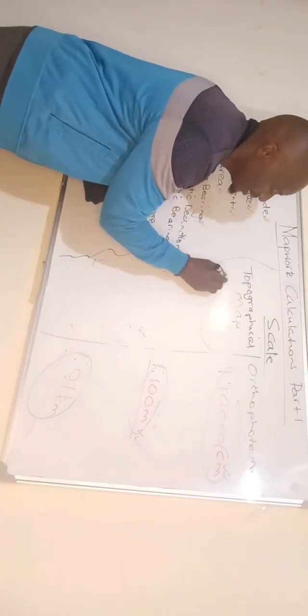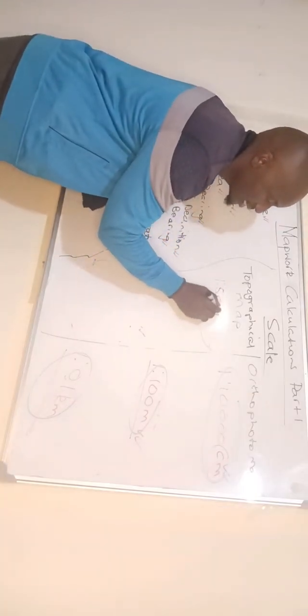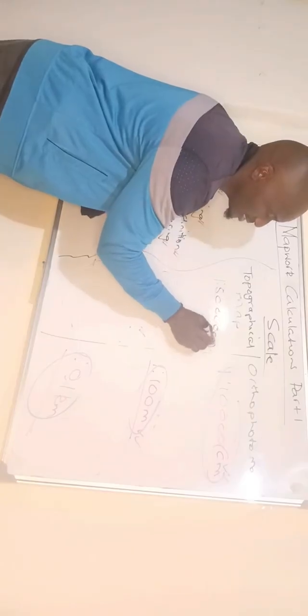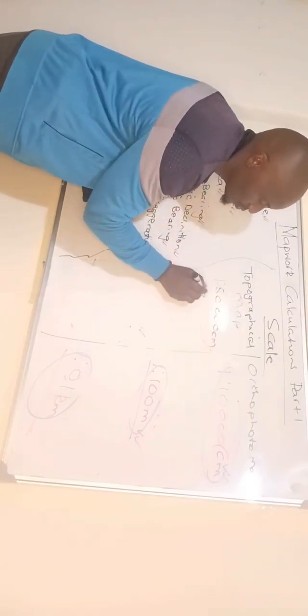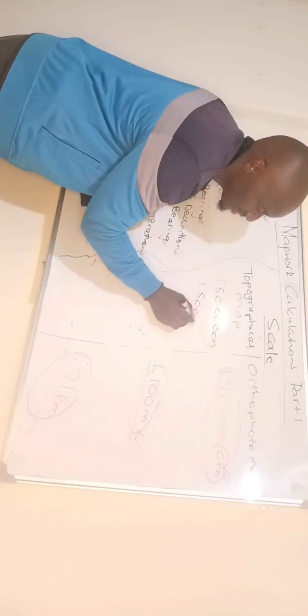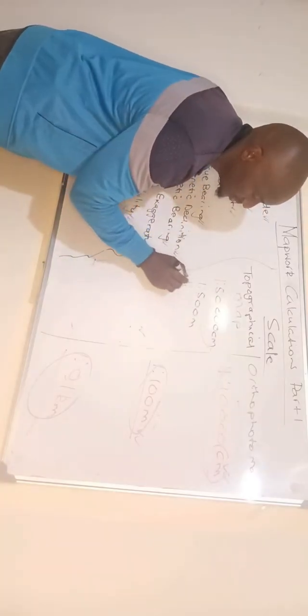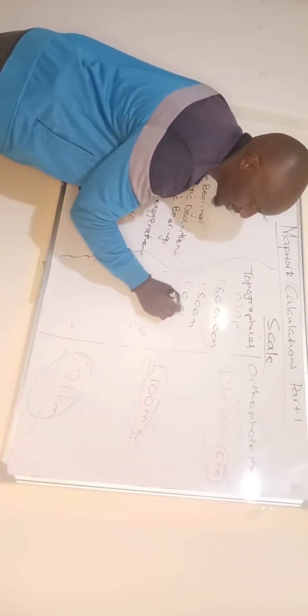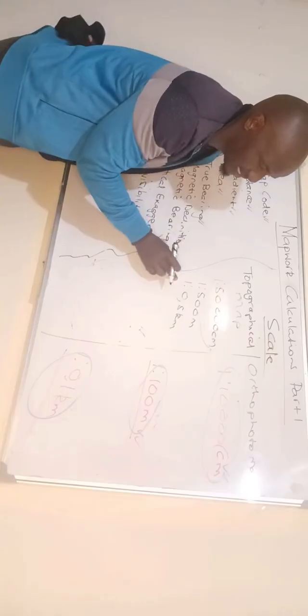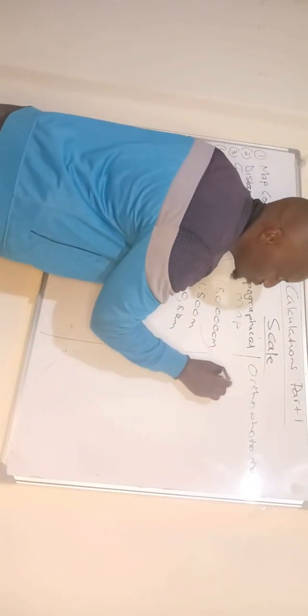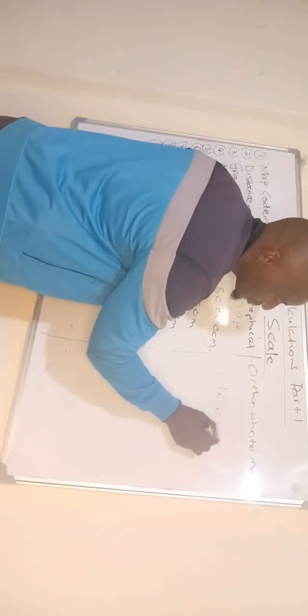The first one, we have 1:50,000. This is in centimeters. Then into meters is 1:500 meters. Then 1:0.5 kilometers. So take note, these remain in centimeters. The only thing that is changing is the actual distance on the ground. Same applies here: 1:10,000.